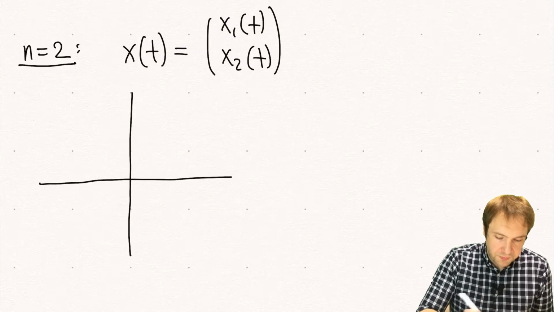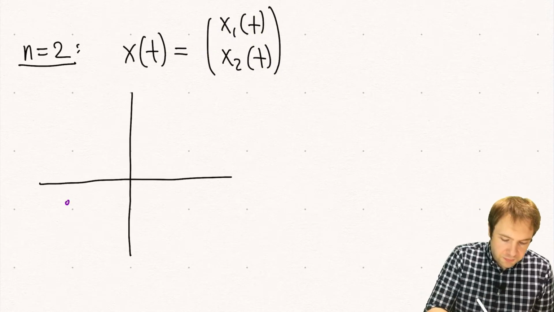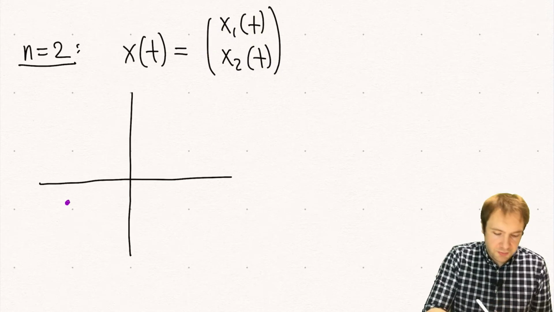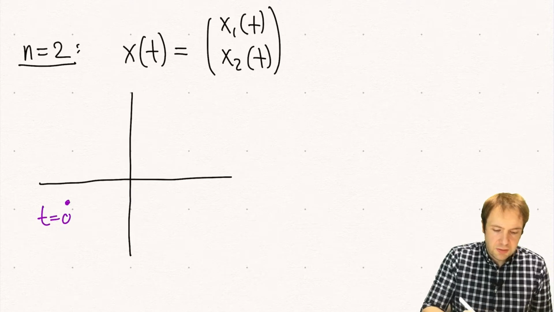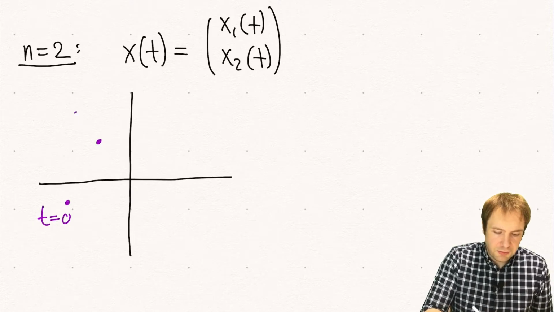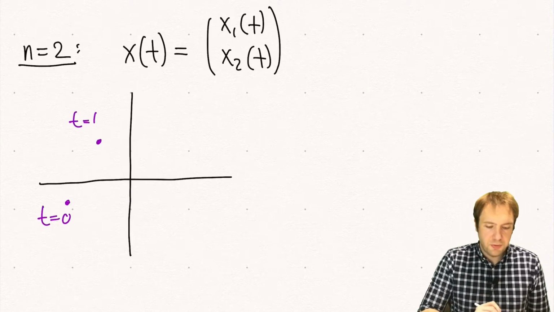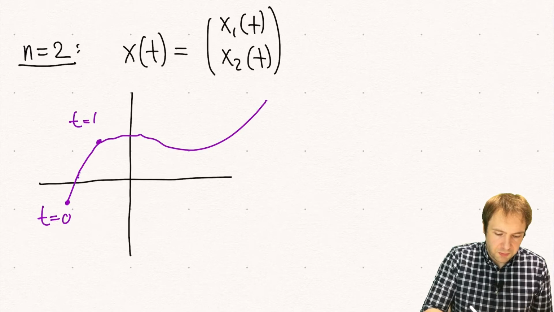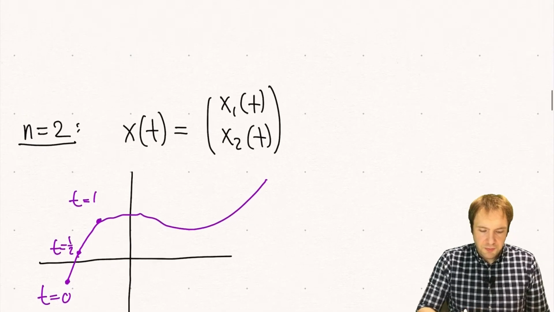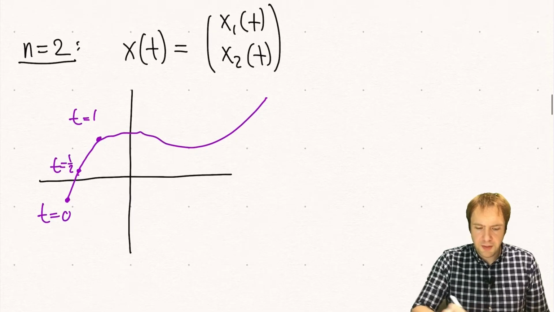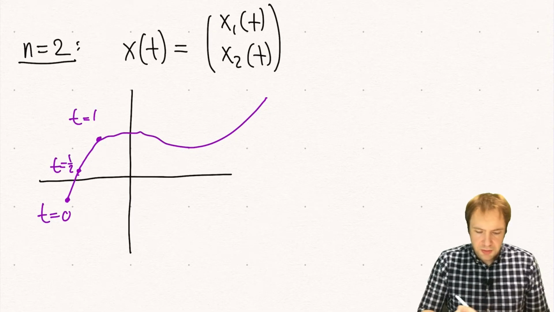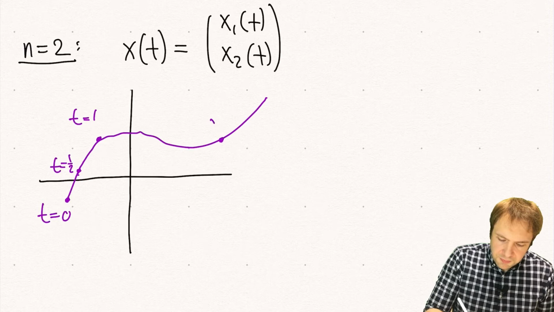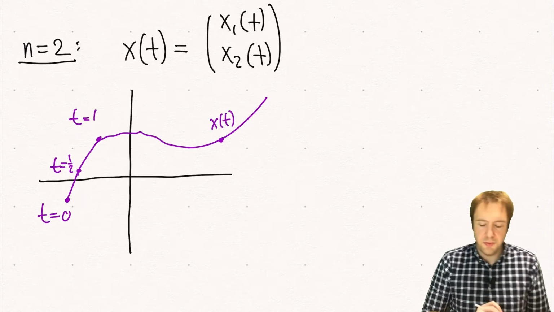For example, if I plug in t equals 0, I get this point here. Then maybe I can plug in t equals 1, I get this point, and in between I get these values here. For example, here it could be t equals 1/2. So for each different t, I get an element in R^2, and this is x at the point t.